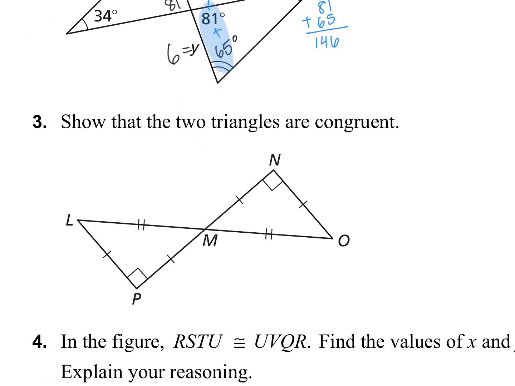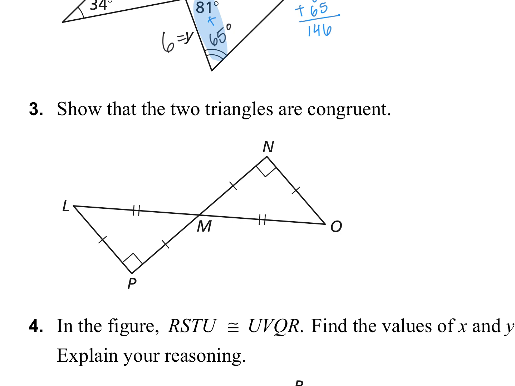All right, number 3, it says show the two triangles are congruent. For this one, I'm going to show all 3 congruent angles and congruent sides. So looking at it, I'm going to write all my information. Let's do my sides first. My 3 congruent sides.